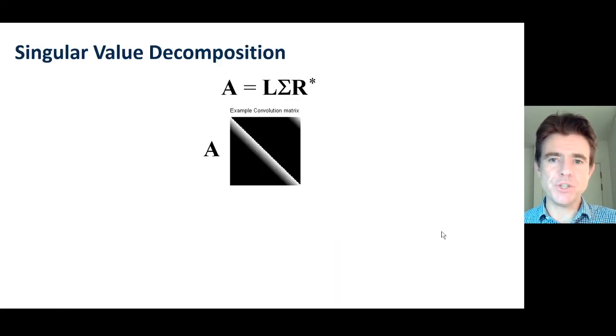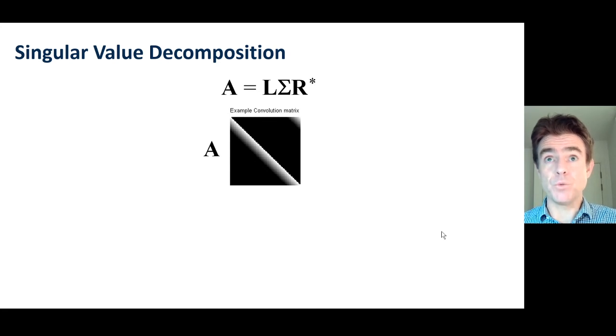If we do a singular value decomposition, we can now diagonalize the matrix, even though it's still a linear shift variant matrix. Then all that nice analysis that we did for the Fourier-based inversion, we can now do for the linear shift variant case as well. So singular value decomposition is a very powerful method.